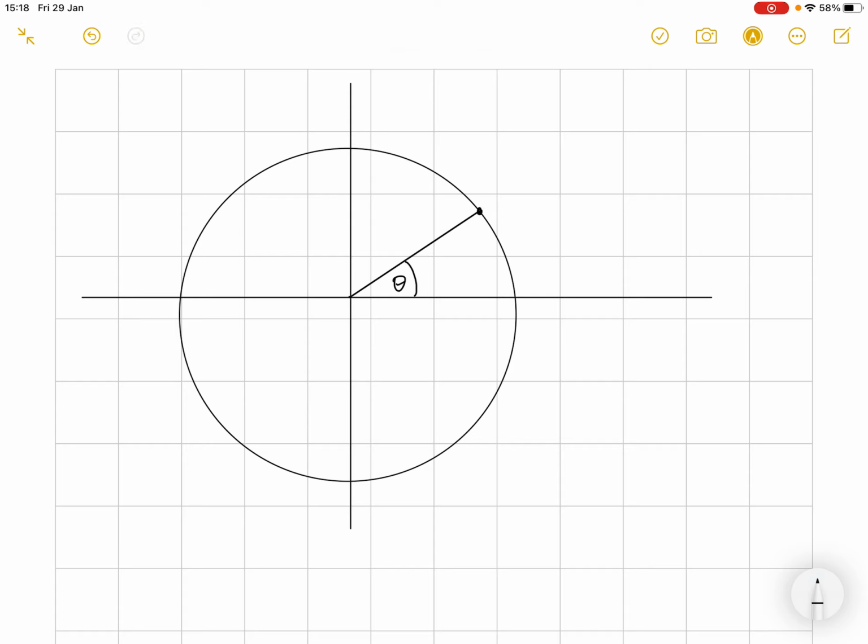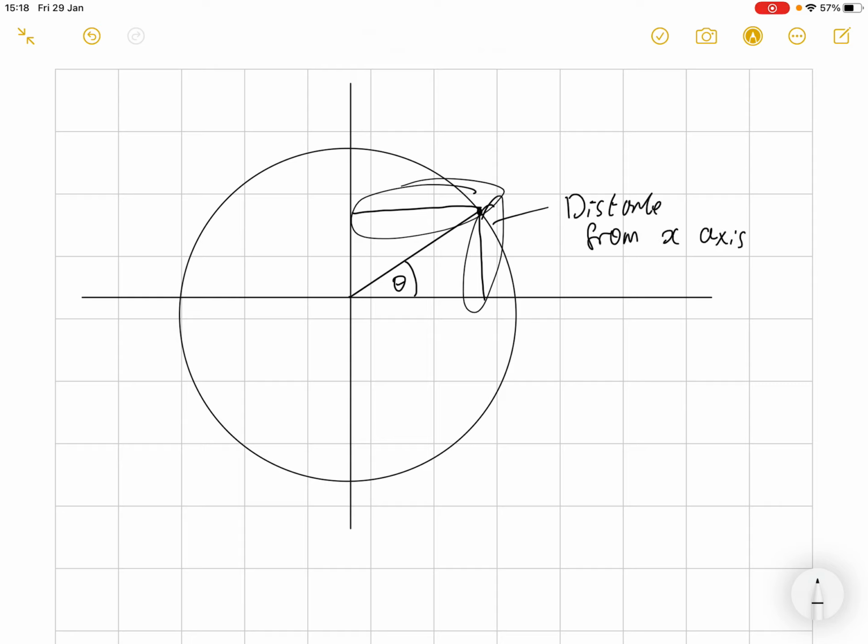Now, for every different radius that I drew, as you can see, where this line attaches to this circle, we have two lengths. We have this length and this length. This length is the distance from the x-axis, and this length is the distance from the y-axis.